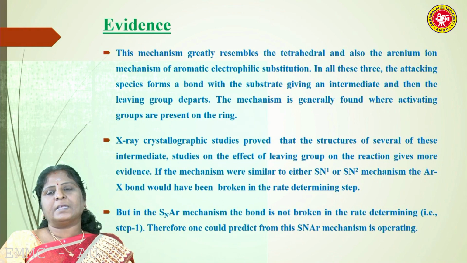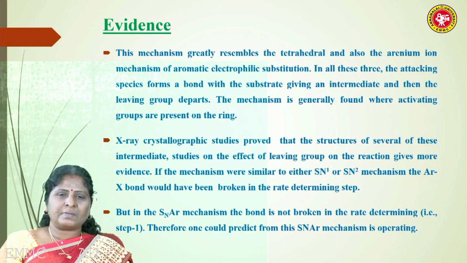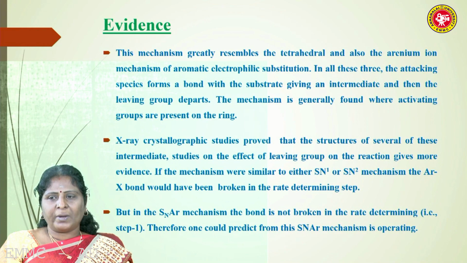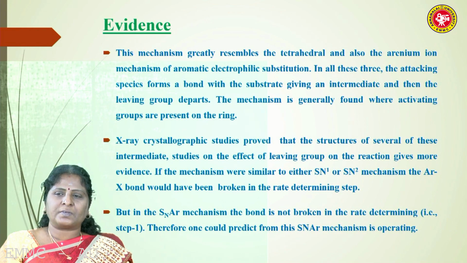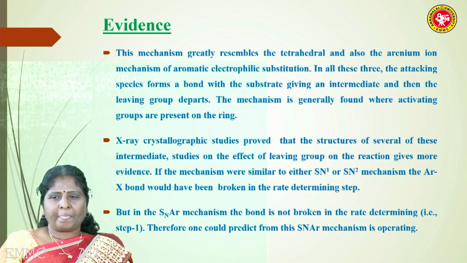Evidences for SN-AR mechanism. This mechanism greatly resembles the tetrahedral mechanism and also the arenium ion mechanism of aromatic electrophilic substitution reactions. In all these cases, the attacking species forms a bond with the substrate giving an intermediate.